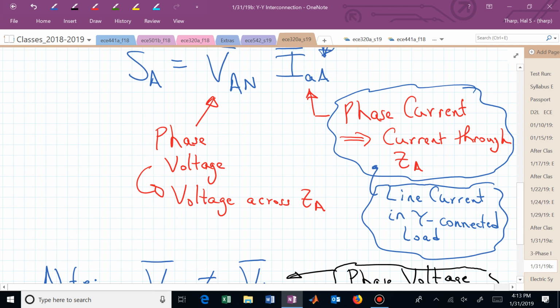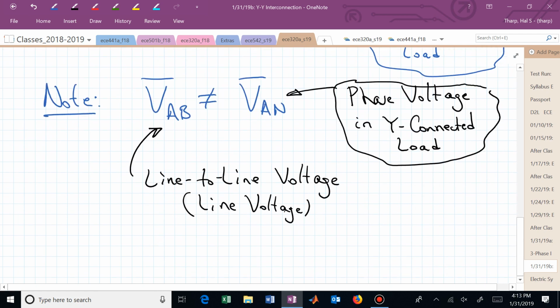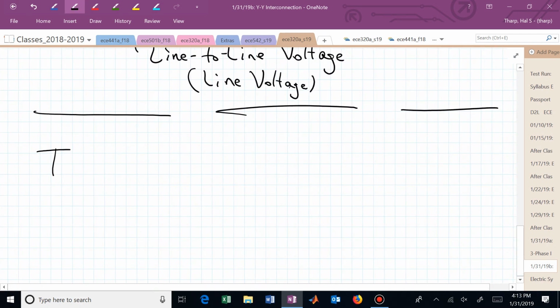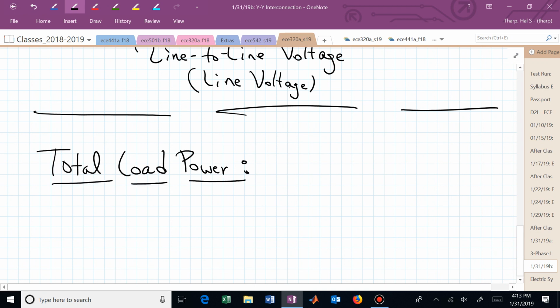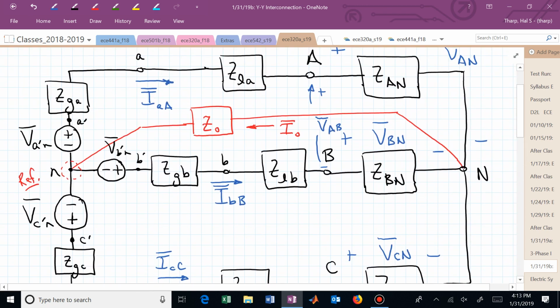So if this is now our complex power of the A phase, then what's the total load power? Now we have three loads making up the total load.